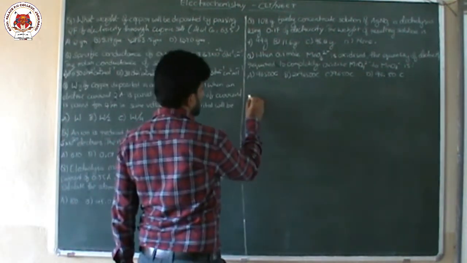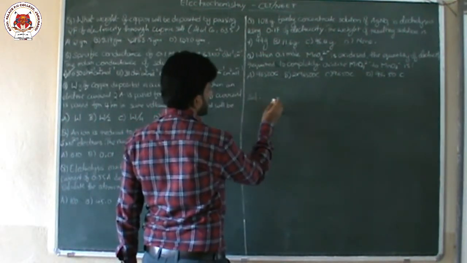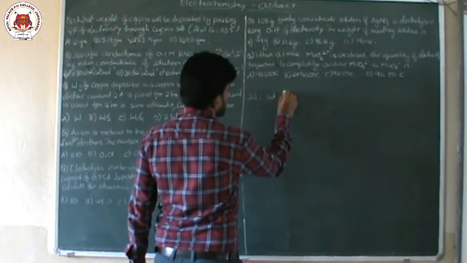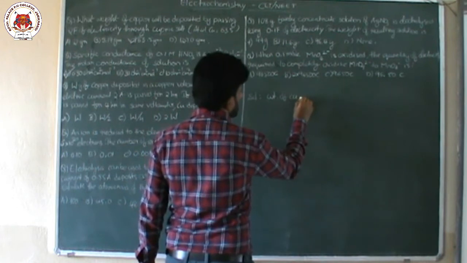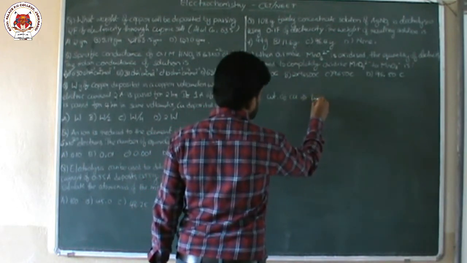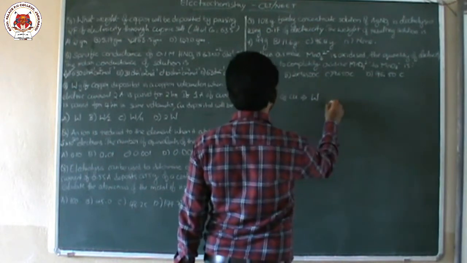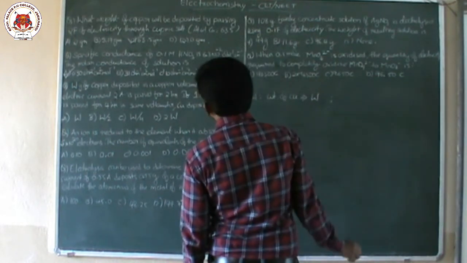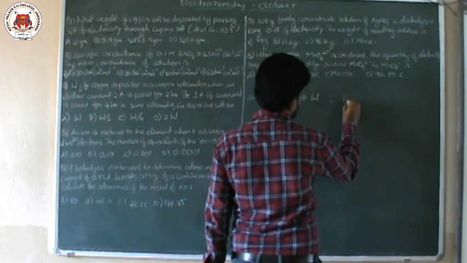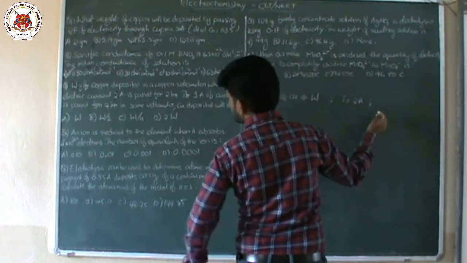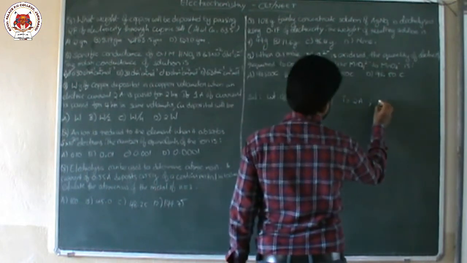So they are saying that the weight of the copper deposited is W when 2 amperes of current is passed for 2 hours.